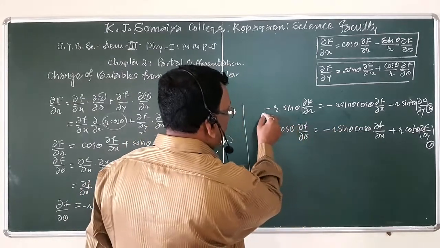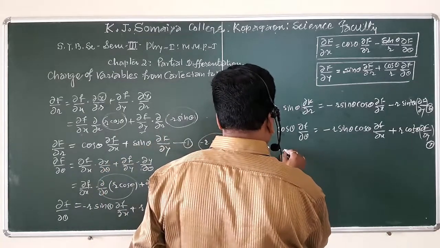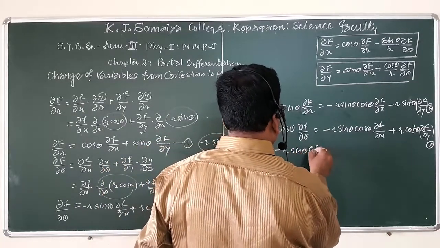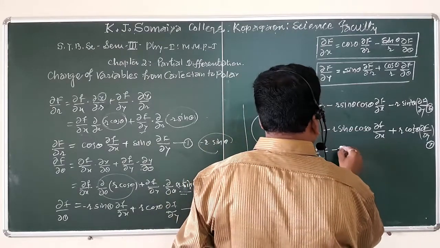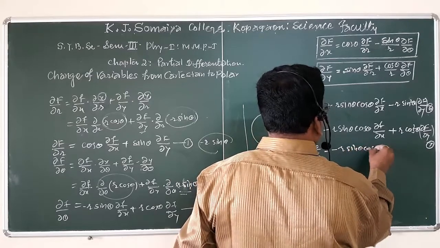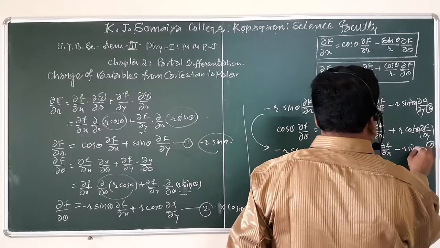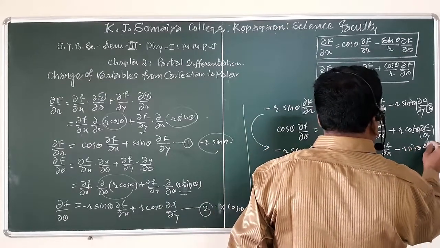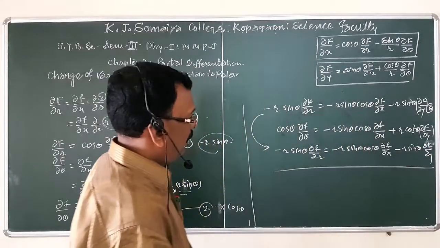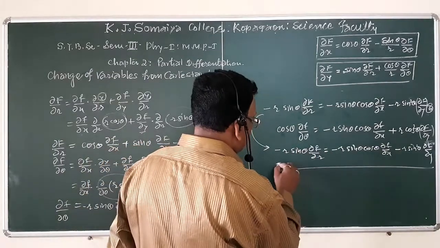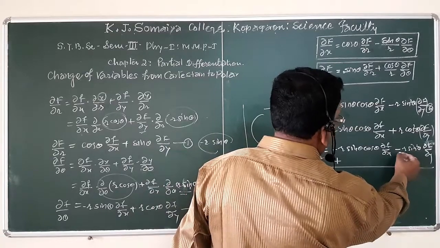That is, when we write this equation, below this equation we have again minus r sin θ ∂f/∂r is equal to minus r sin θ cos θ ∂f/∂x minus r sin square θ ∂f/∂y, and make the subtraction. During subtraction there is change in sign, this minus becomes plus, and this minus becomes plus.